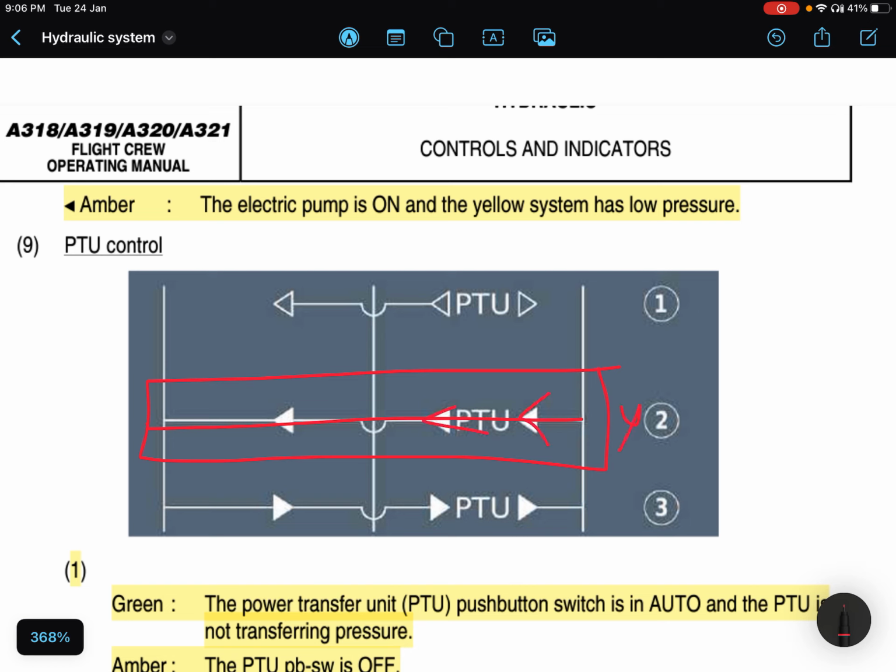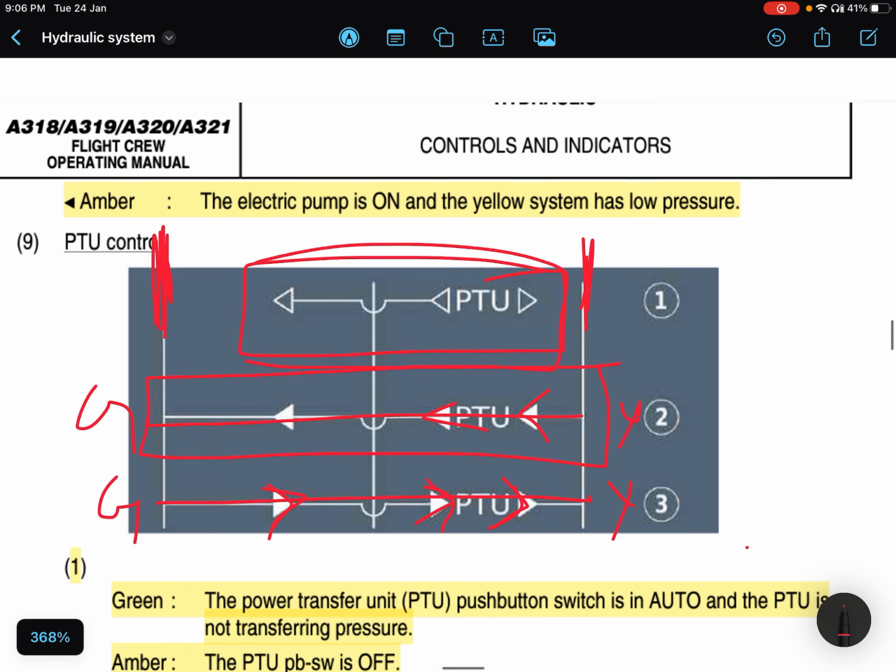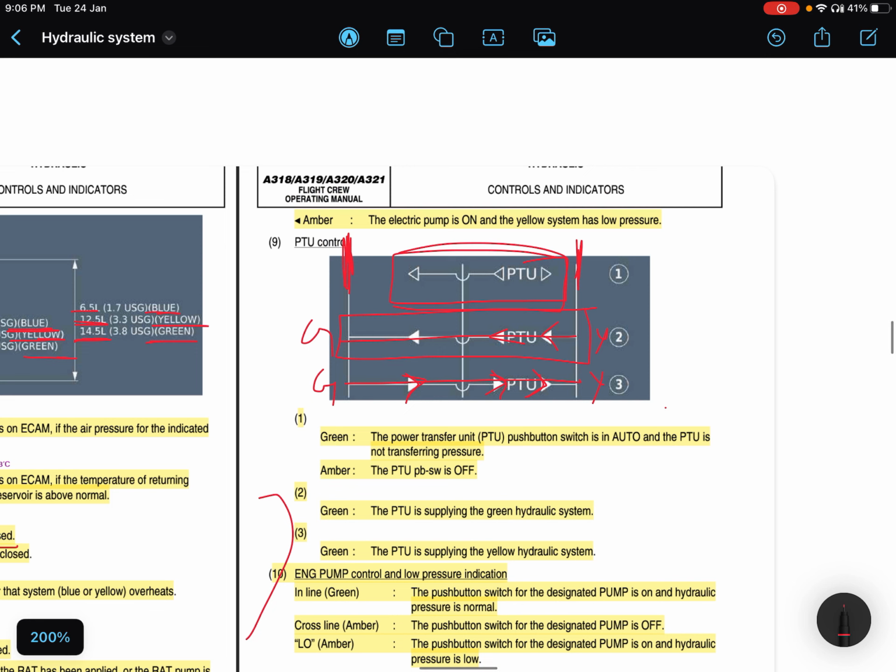It's the yellow system, it's green. If these are like this, then the yellow system is being supplied by the green system. Clear? These are the normal conditions in which both hydraulic systems are doing their own work, and they do not need the PTU to be used. These are normal operations, right?